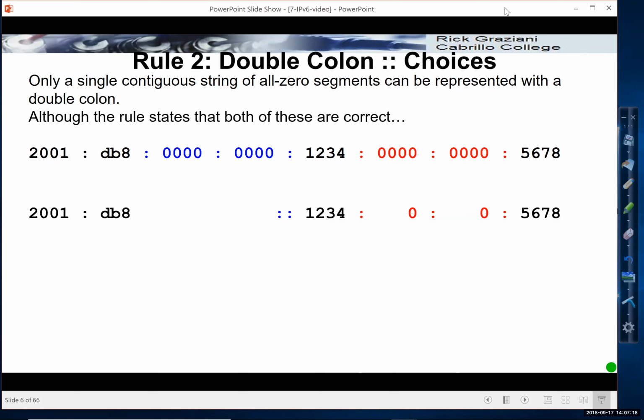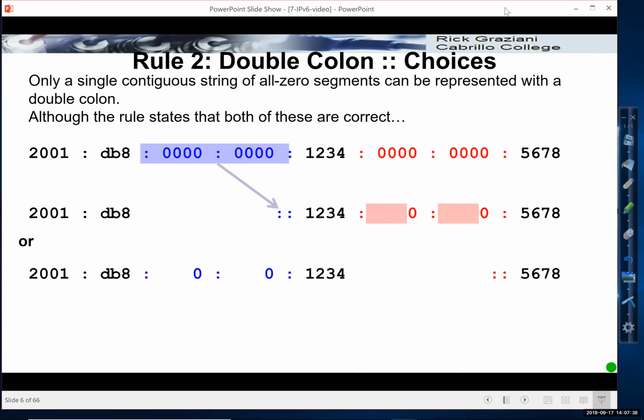We could write it this way, where we use these 2 hextets of all zeros and represent them with a double colon, and then use the first rule of omitting leading zeros to reduce the size of the second group of 2 hextets. Or we could do it this way: we could use the double colon on the second group and reduce the first group by just omitting the leading zeros.